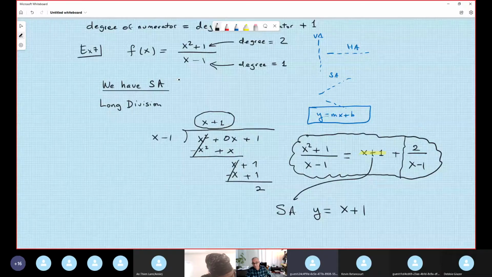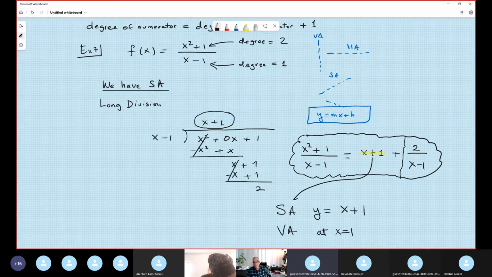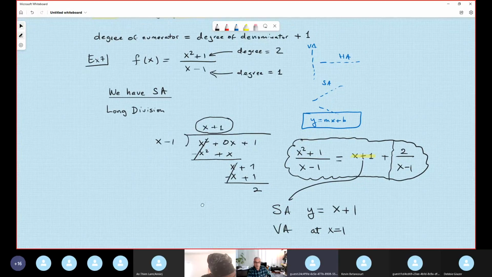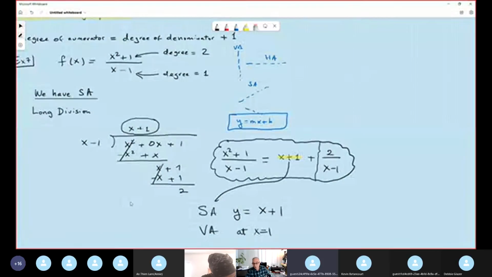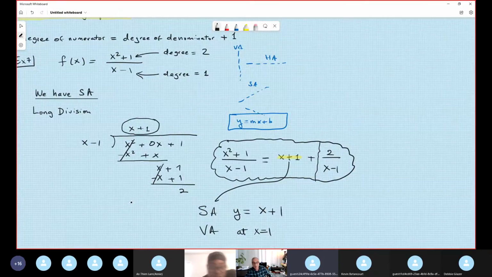By the way, I can see that here we have a vertical asymptote at x = 1, because 1 minus 1 is 0, undefined. Now I want to have some idea of how our graph looks. I always recommend this.